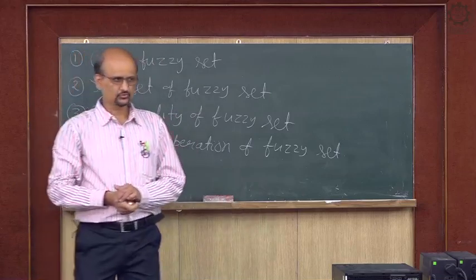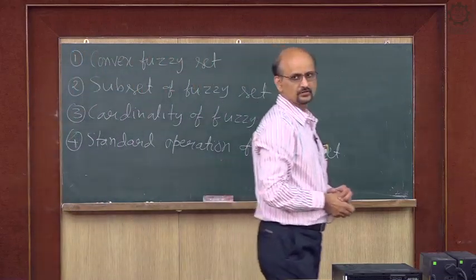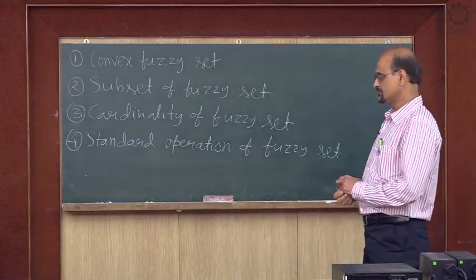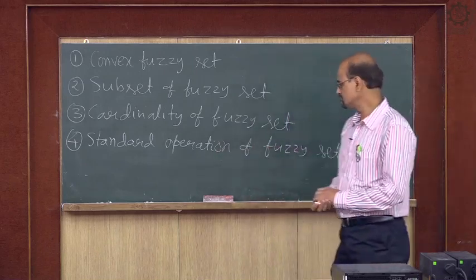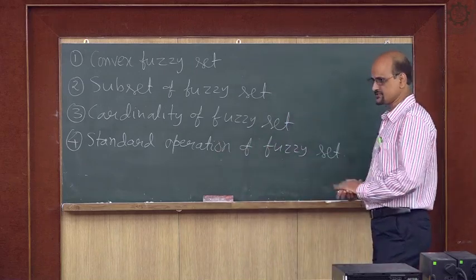So, in a nutshell we will do these four things: convex fuzzy set, subset of fuzzy set, cardinality of fuzzy set, and standard operation of fuzzy sets.